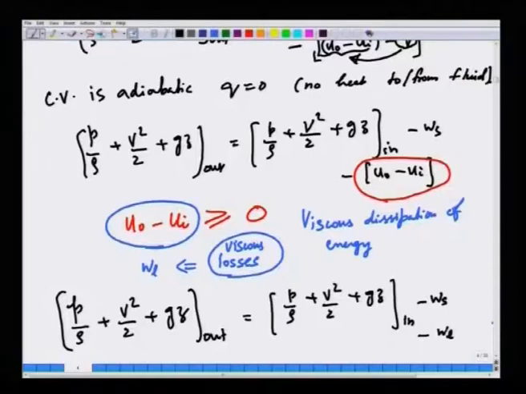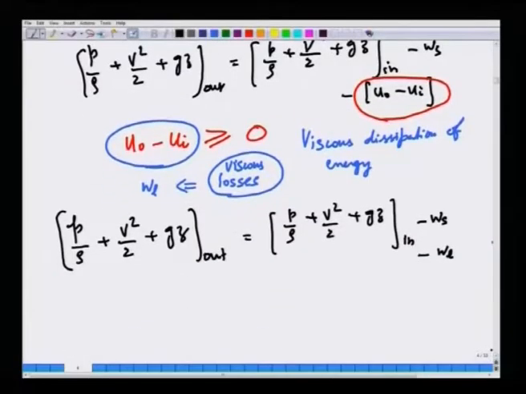This is the amount of energy lost to internal energy by the viscous dissipation action. Okay. So, we have to tell what the losses are in order to solve a problem, but we certainly know that there are losses. Okay. How these losses are computed for simple systems, we will come to a little later when we do differential balances of momentum. But right now we know for sure that losses are there.